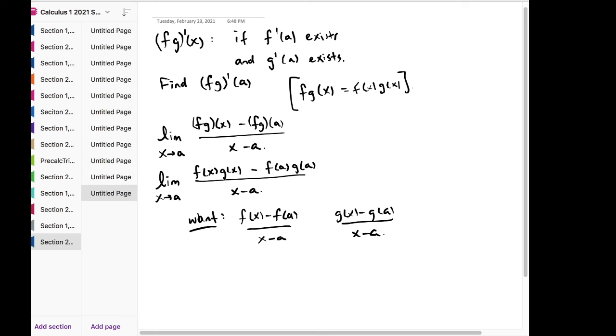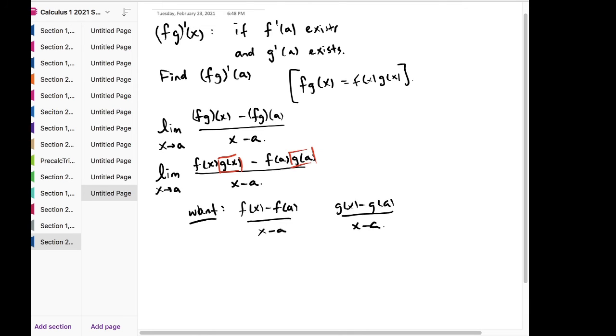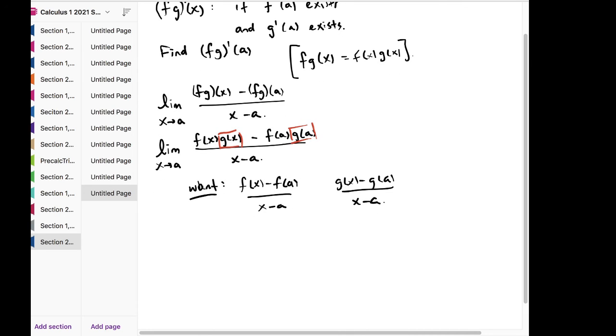But the problem is, what's in front of f of x is this g of x, right? And what's in front of the g of a is this g of a. But what I can do is I can force in factors.